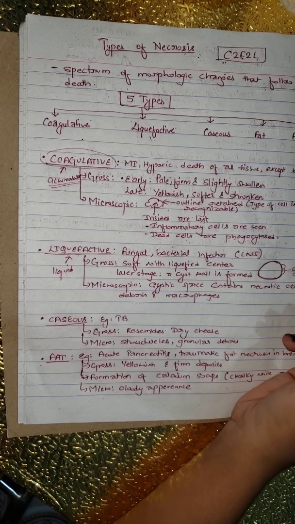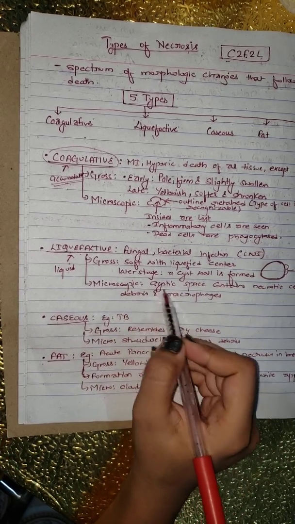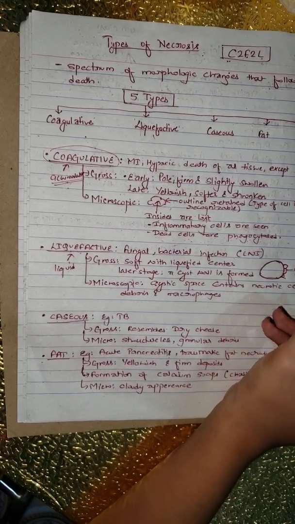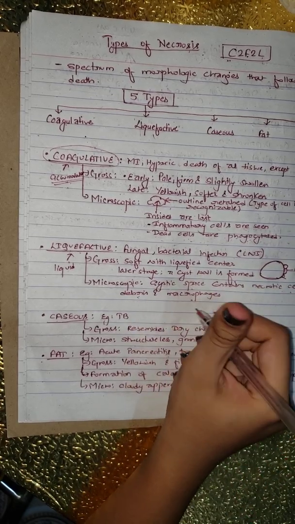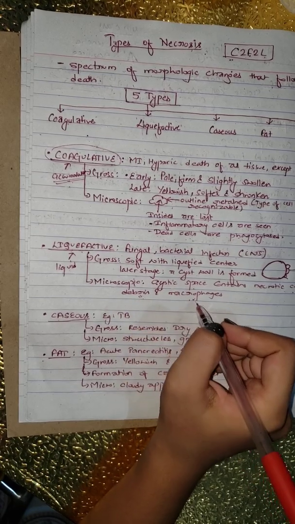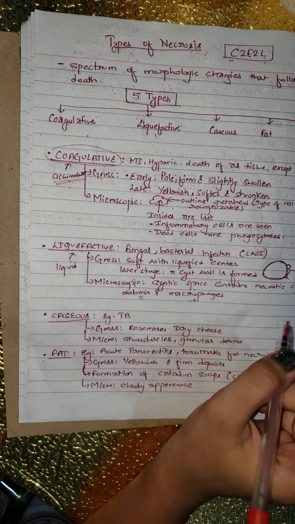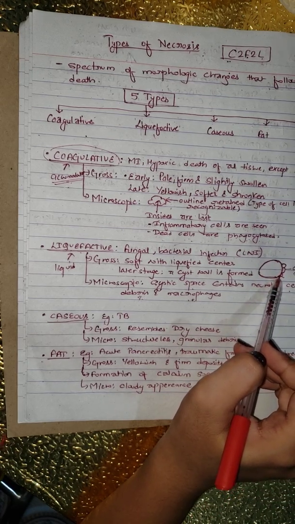Later on, if we are examining through the microscope, we can see cystic space. In the space of those cysts, we can see necrotic cells, debris and macrophages. Obviously we have to make our mind very sharp on this, that we can write debris and macrophages in all those parts wherever dead cells are coming.